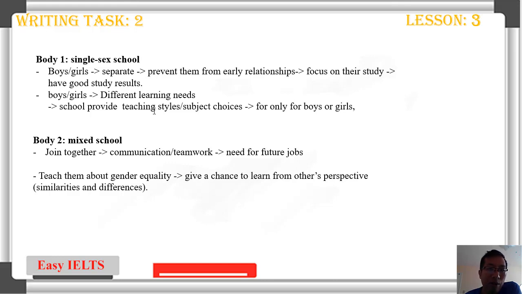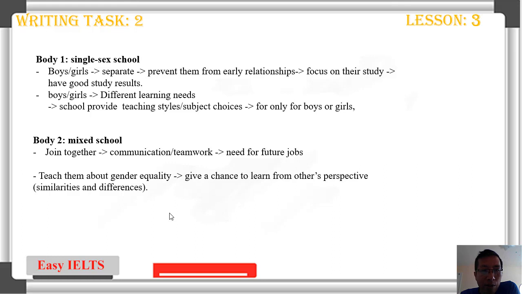And boys and girls have different learning needs, so schools provide teaching styles or subject choices for only boys or girls. That's all. You only need about 2 ideas.